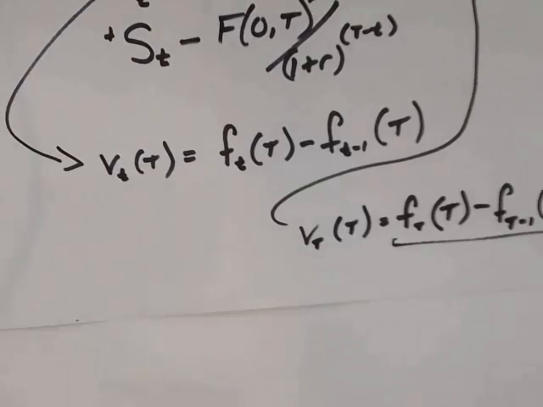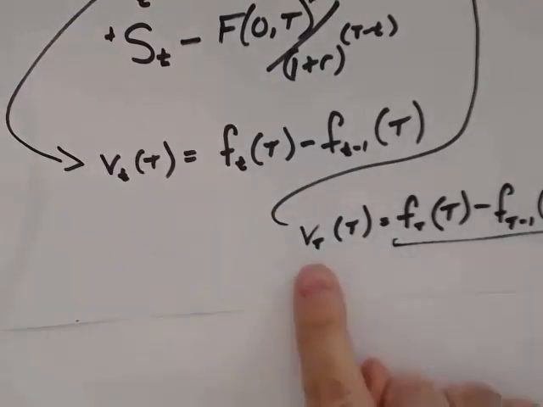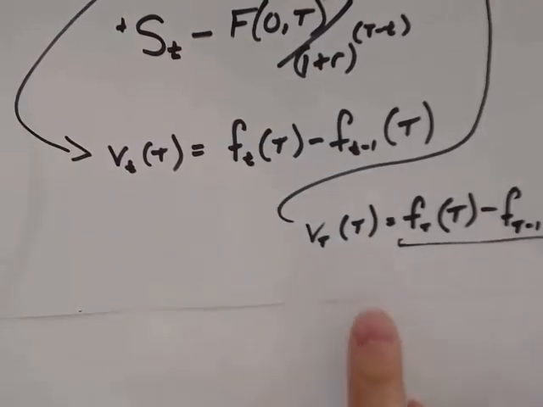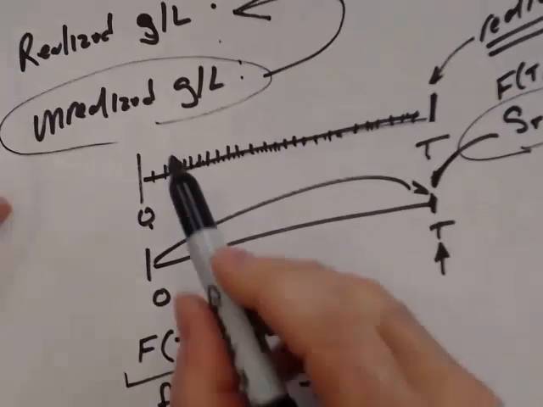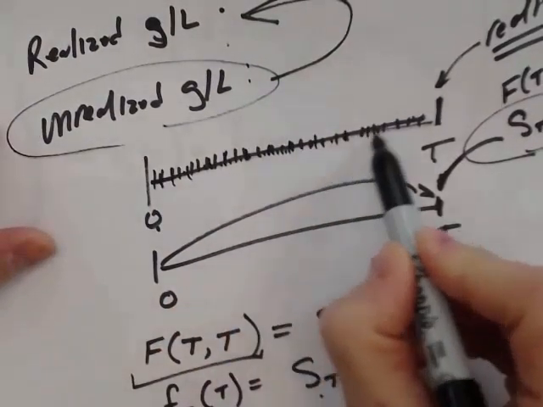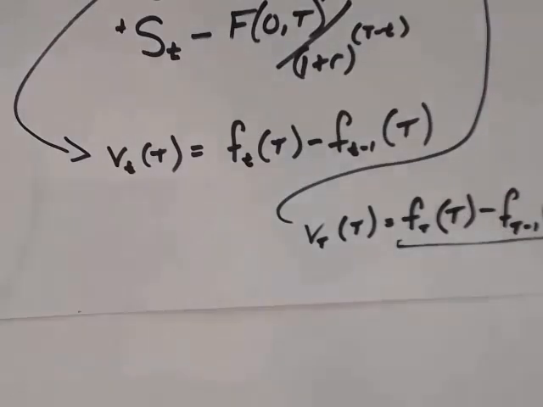Again, that's consistent. So these values will be very little because you've already realized the gain or loss in previous days. As I showed here, you previously realized those gains and losses all the way through.